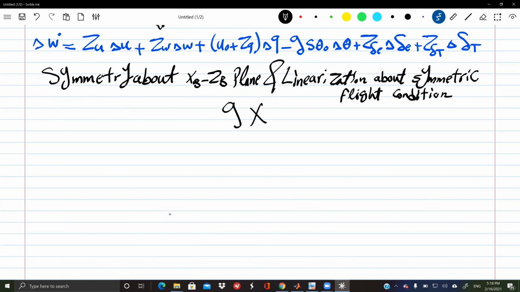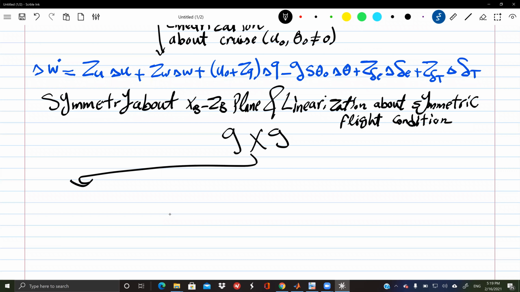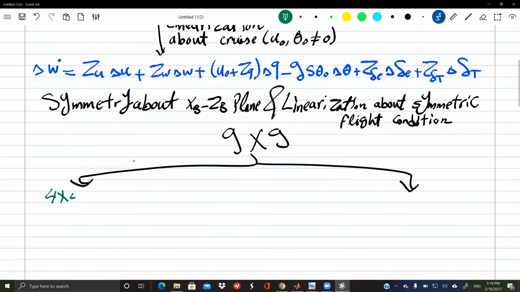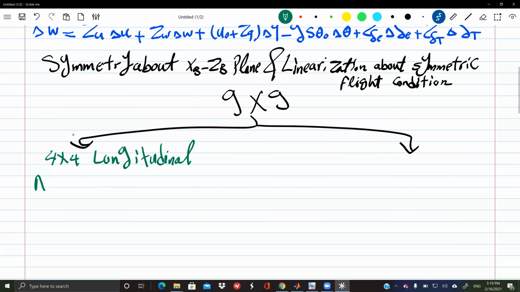The 9 by 9 system is decoupled into a 4 by 4 longitudinal motion. Any motion along the XZ plane.